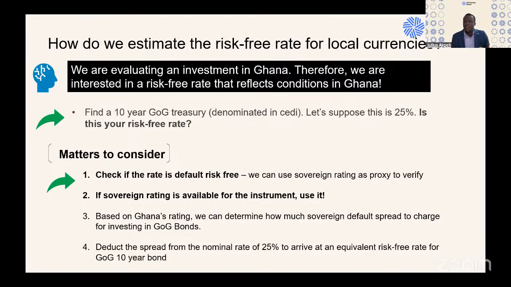So that 25% is not risk-free, even if the instrument is issued today by the government of Ghana as a 10-year bond. Even if you may be thinking that it's because of the DDP program, no. Even before the DDP program, I have never tried to use government of Ghana instruments as risk-free. The DDP program just tends to tell the story, but it had never been risk-free because the government of Ghana is not AAA rated.